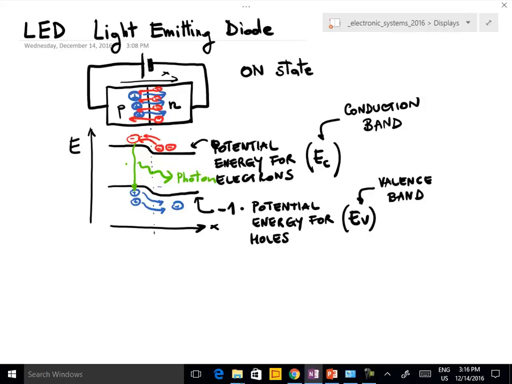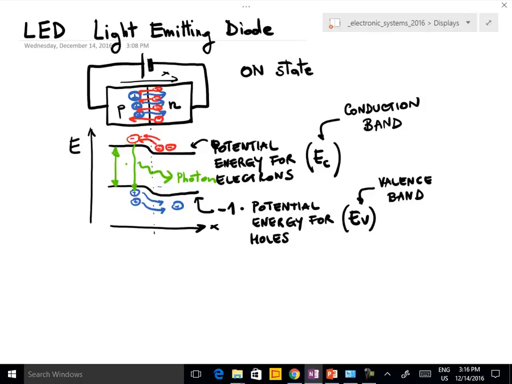Okay, and the energy of the emitted photon is the difference between the energy of the electron and the energy of the hole with which the electron has recombined. Okay, and it is essentially identical to the difference between this potential energy for electrons and minus the potential energy for holes.